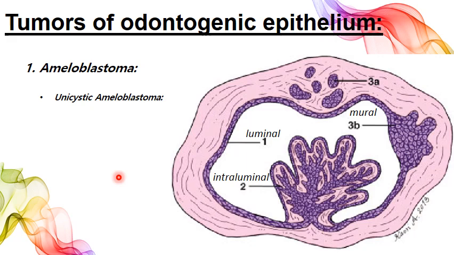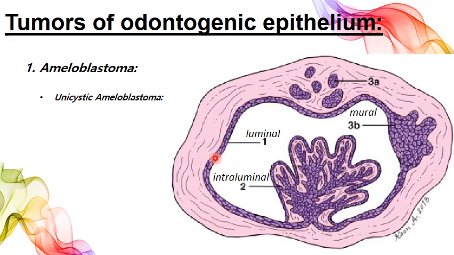First, we have the luminal, this number 1, luminal unicystic ameloblastoma. I forgot to say the unicystic. Why is it said unicystic? Because it is like a cyst. Like a cyst, it has a space inside it, and the ameloblastic tissue is around it.